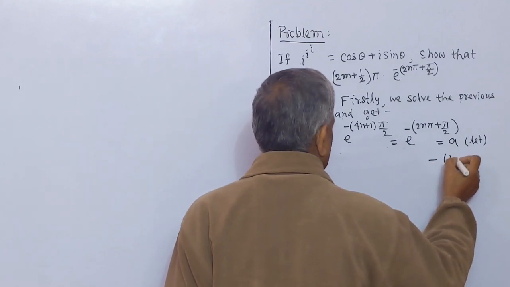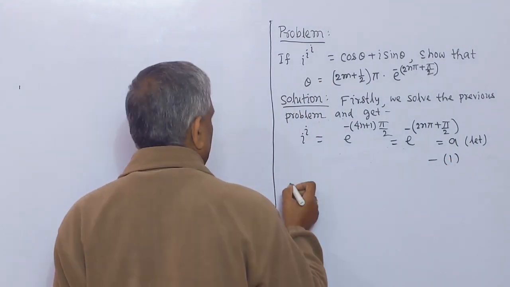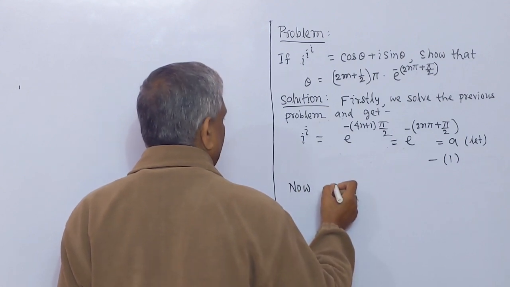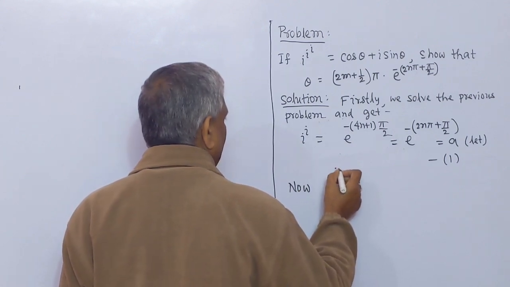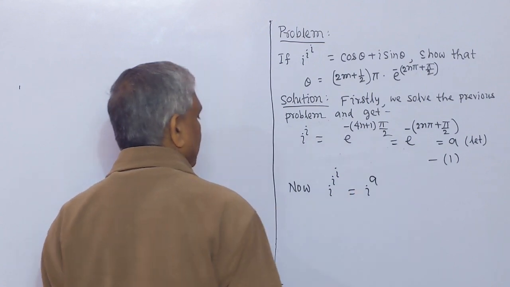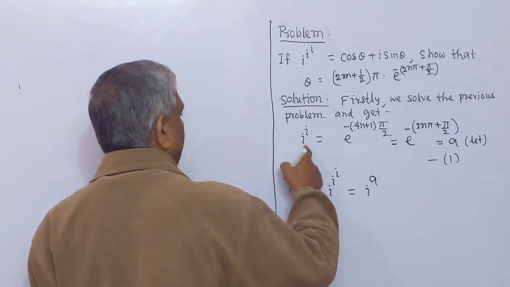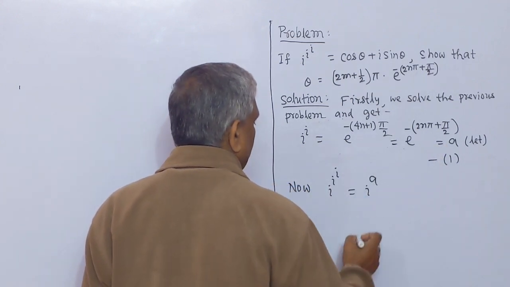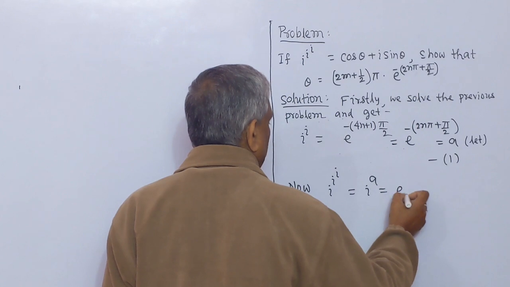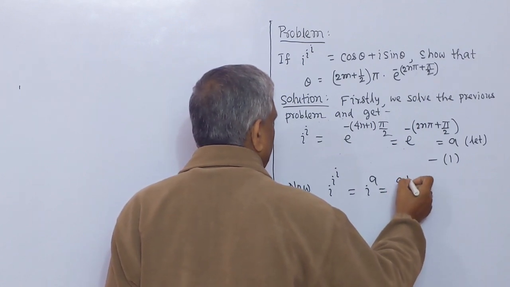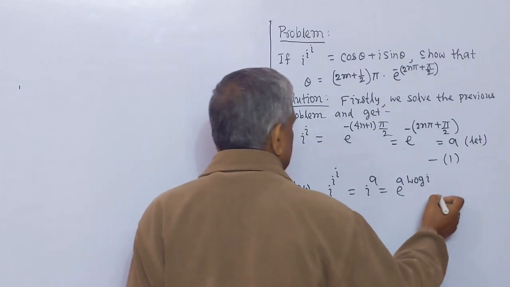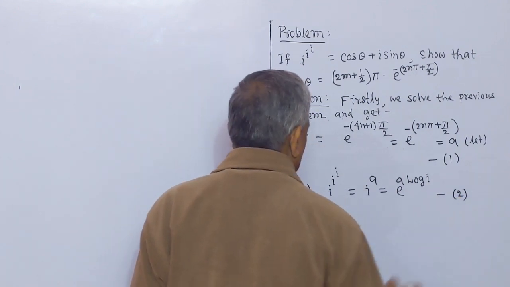Now i to the power i means i to the power a. Here i to the power i is a, and this is equal to e to the power a capital Log i. This is number 2.